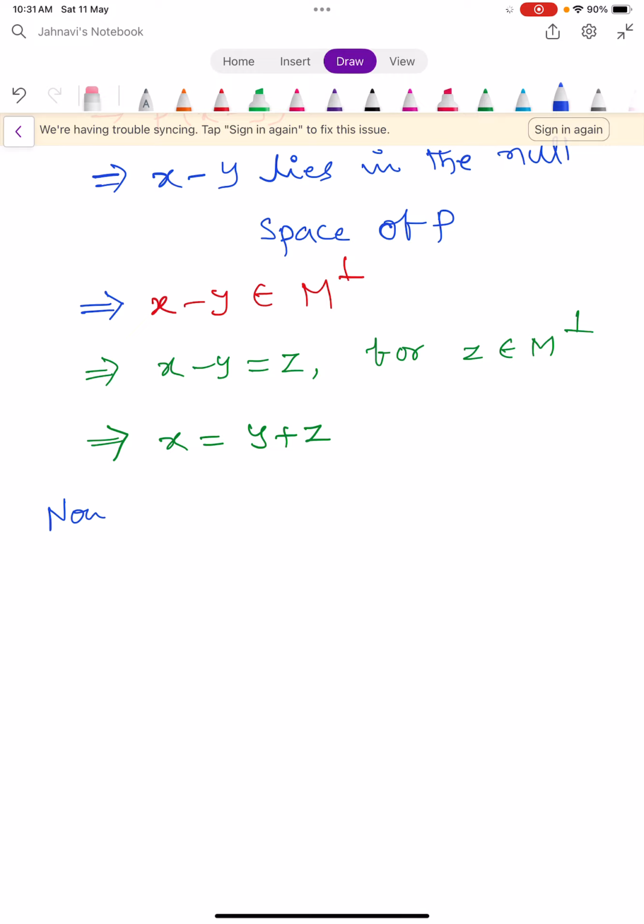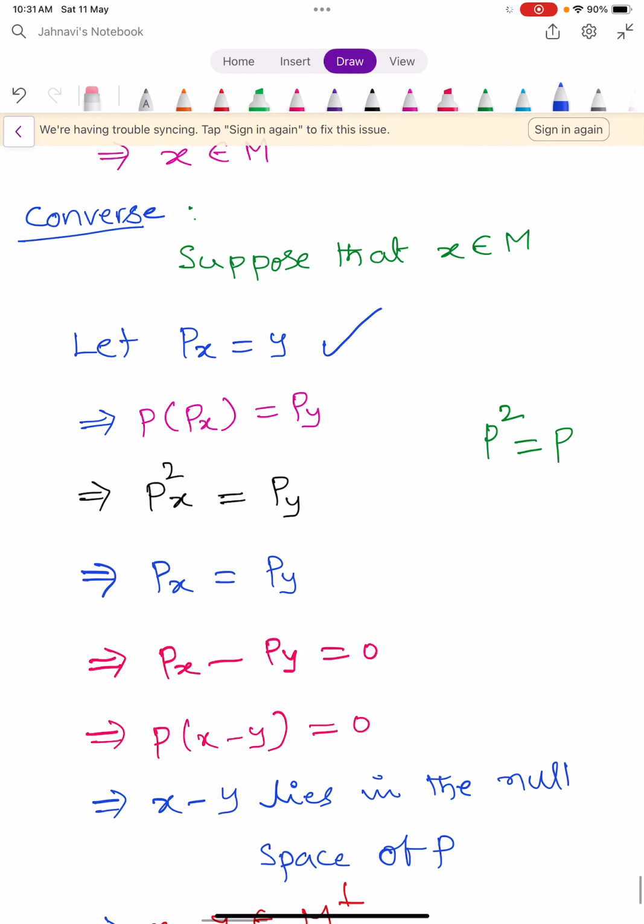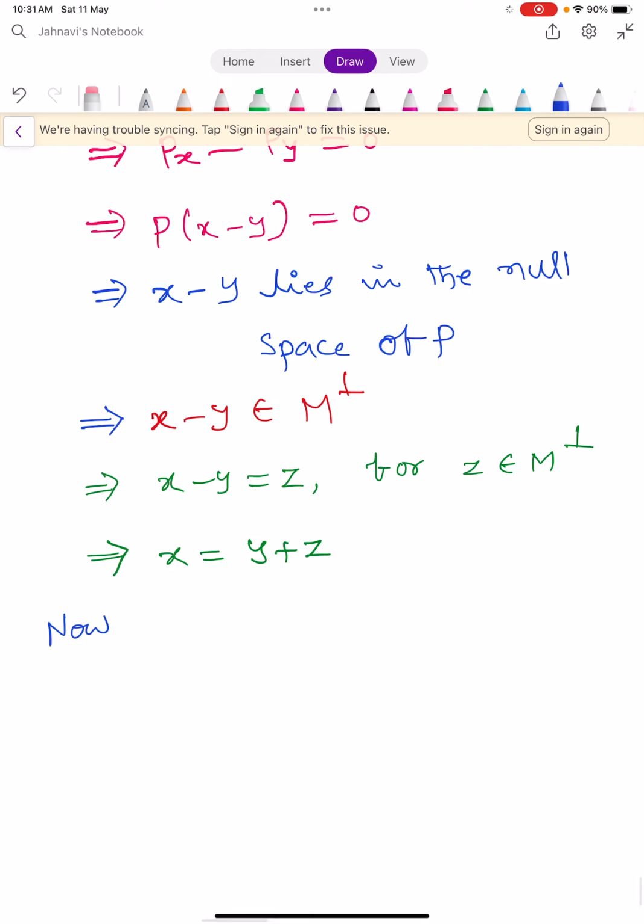Now, in the first stage, we assumed that Px is equal to y. So, y is equal to Px.